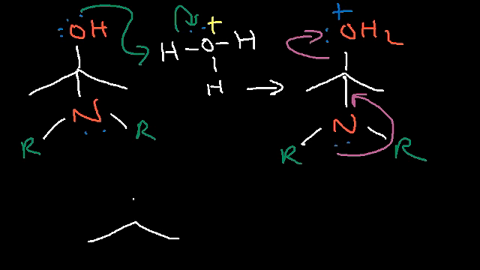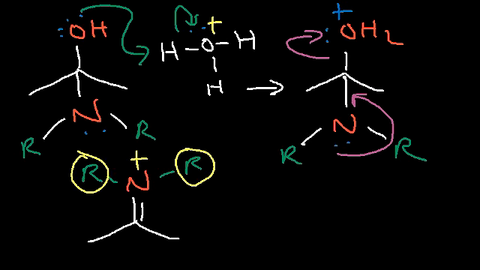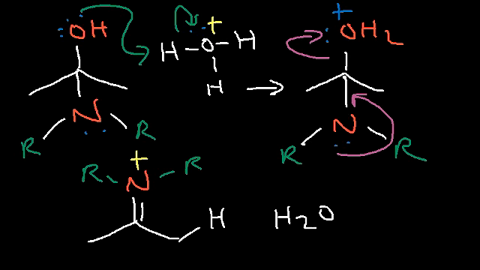So now we have an iminium ion. So notice that there's no hydrogen to take away from the nitrogen. And this is where the mechanism differs. Because these two are not hydrogen atoms, water is going to have to take the alpha hydrogen. And this is going to produce the enamine.